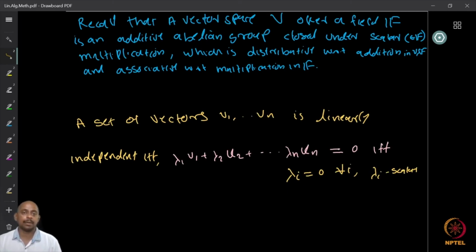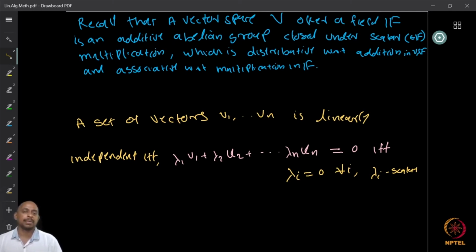So let us just recall what a vector space is. A vector space is defined over a field. The elements of the field are called scalars, right? It's basically an additive abelian group. We know what an abelian group is. The operation is addition, and it's closed under scalar multiplication. Okay?